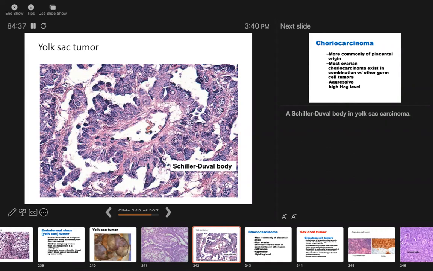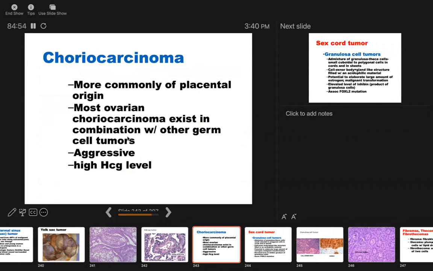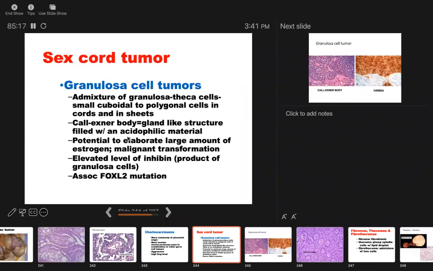One is adult and the other one is juvenile, basically because of the age of the patient. The granulosa cell tumors are usually unilateral, and they have, as I have mentioned, what you call Call-Exner bodies. They are small, distinctive gland-like structures which are filled with acidophilic material.